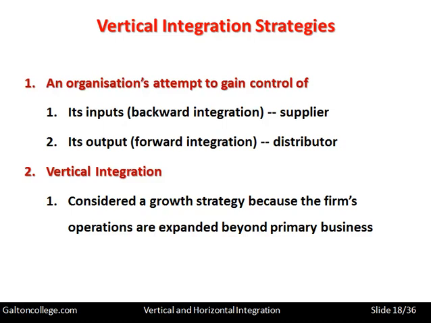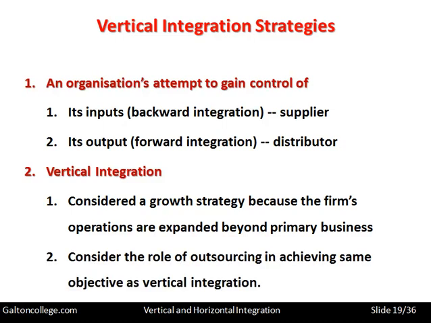If it's forwards vertical, it becomes the distributor. It moves closer to the customer. So it is a growth strategy because it now has a bigger business. It's got two businesses, if you like. One producing the components or perhaps one selling directly to the public or whatever. So it has grown. It's bigger than what it was before.